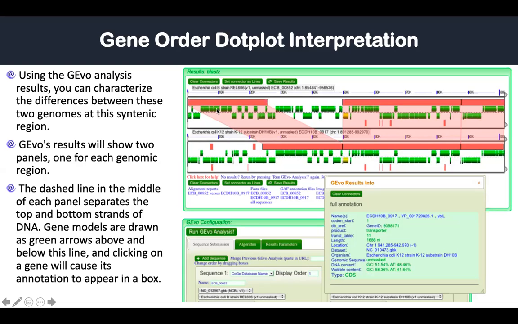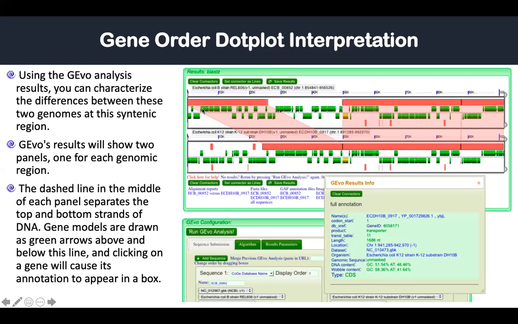The first panel is the REL606 genome. You can see two lines here, and there's one dotted line in the middle. This dotted line is basically separating the top and bottom strands, the forward strand and the reverse strand, of the REL606 genome, right?